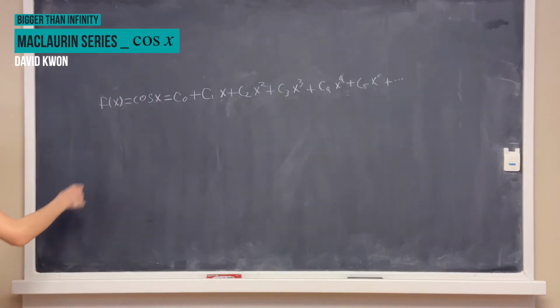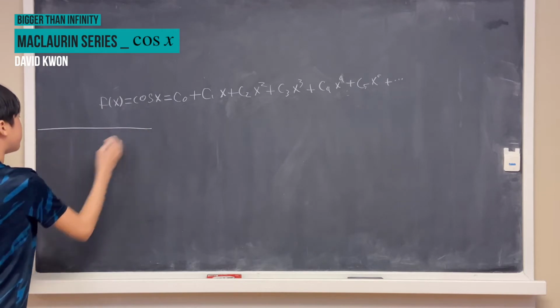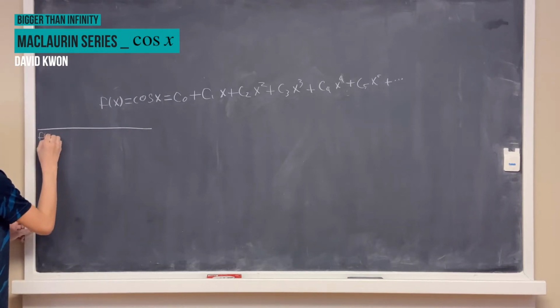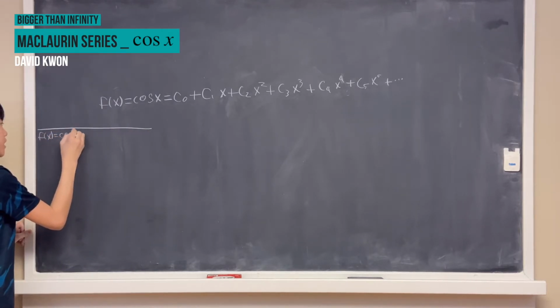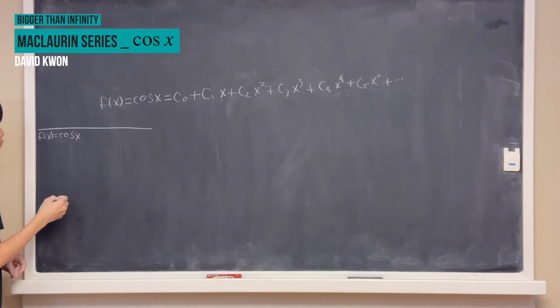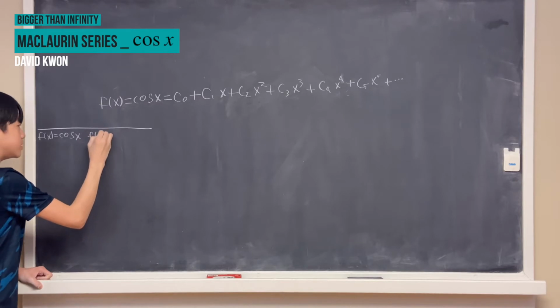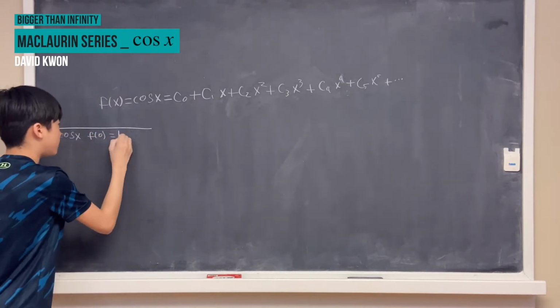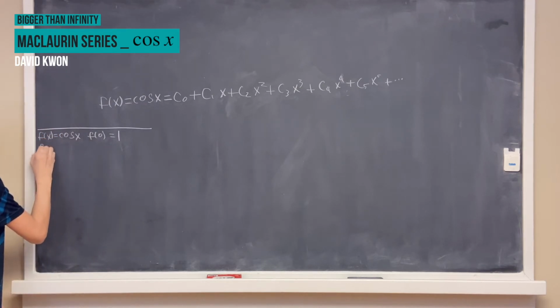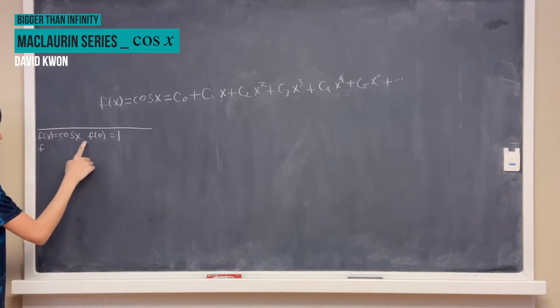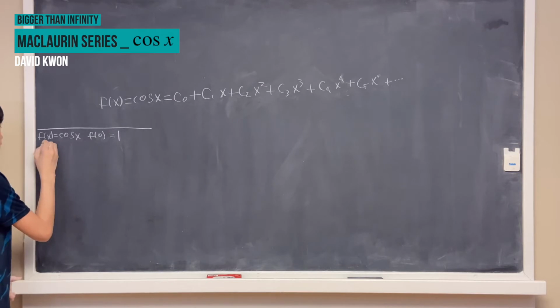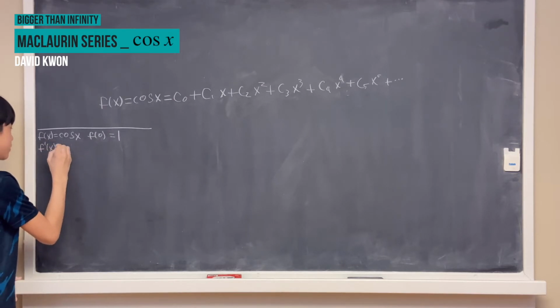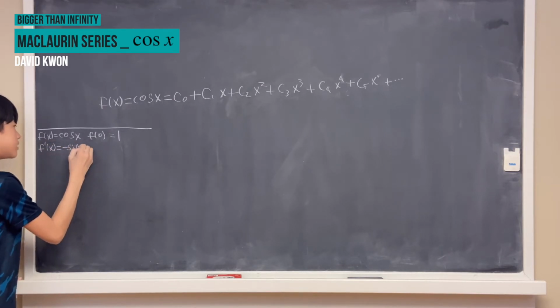Now, putting all of that aside, we will write our function cosine x and set x as 0. So f of 0, cosine 0, is obviously 1. Then we differentiate this function. We have f prime x, which is equal to negative sine x.